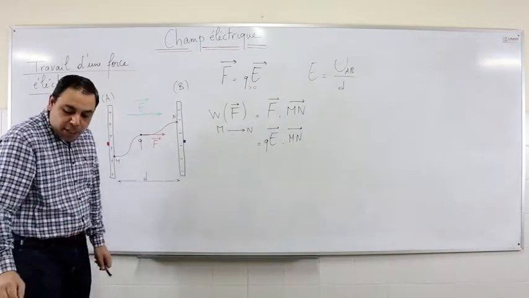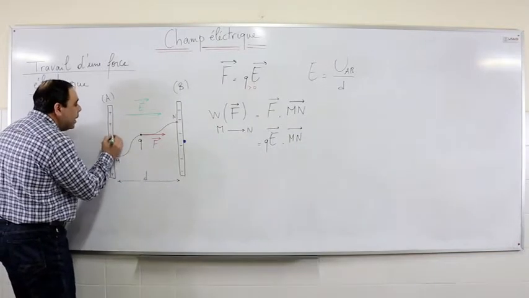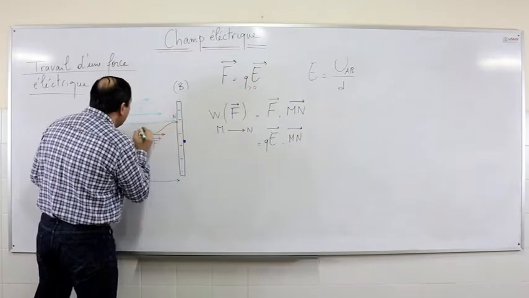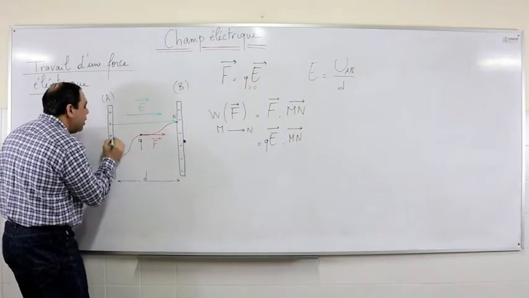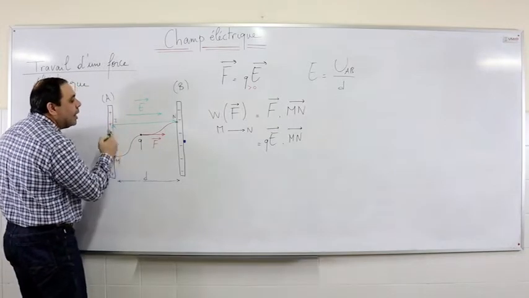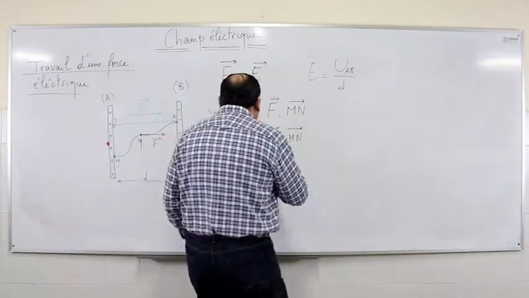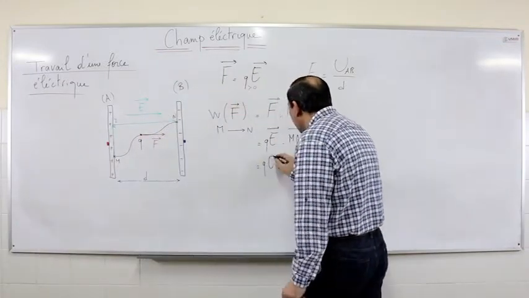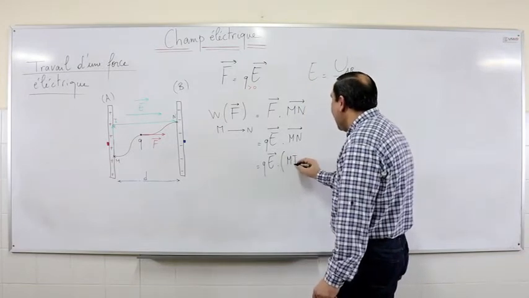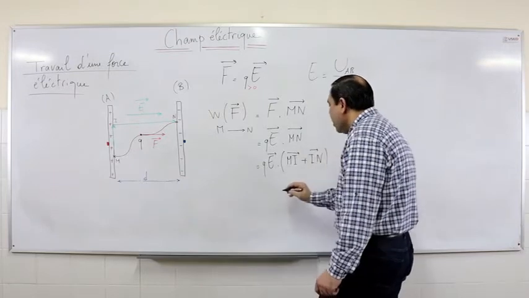We'll do that by decomposing MN into two vectors, MI and IN, such that the triangle MIN is right at I. So we write QE dot, replace MN by MI plus IN.